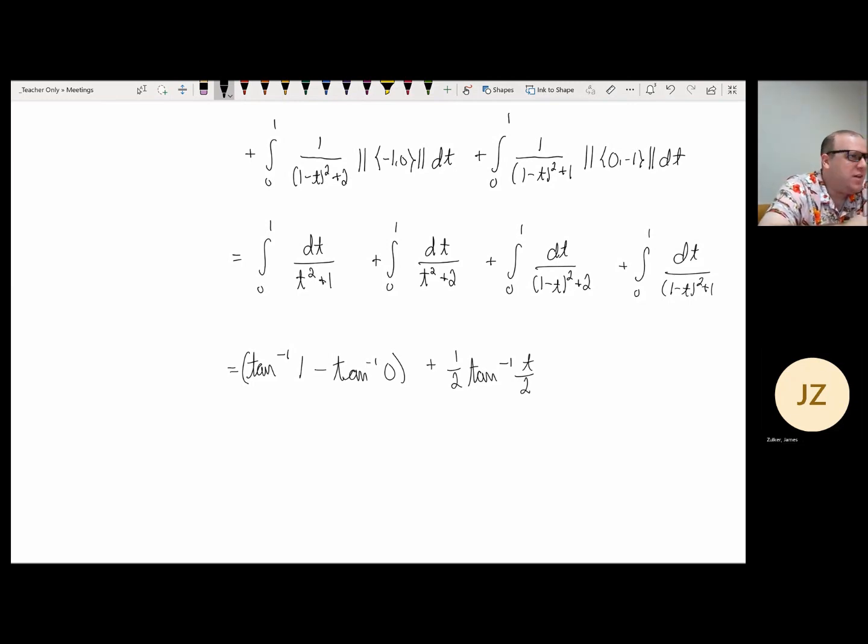One half inverse tangent of t over 2. Again, that's going to be from 0 to 1. I'm sorry, it's not 1 over 2. It's 1 over root 2.